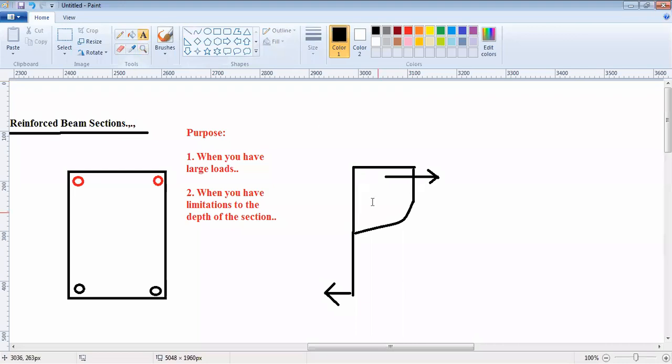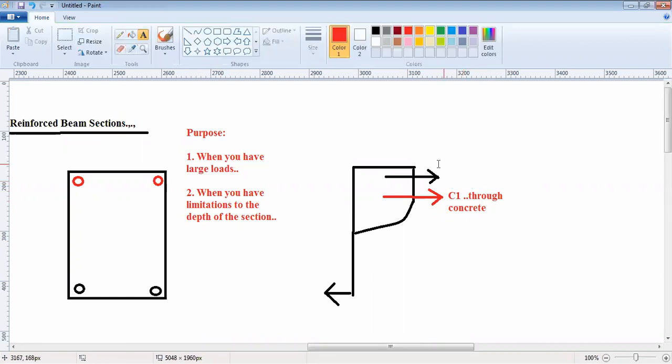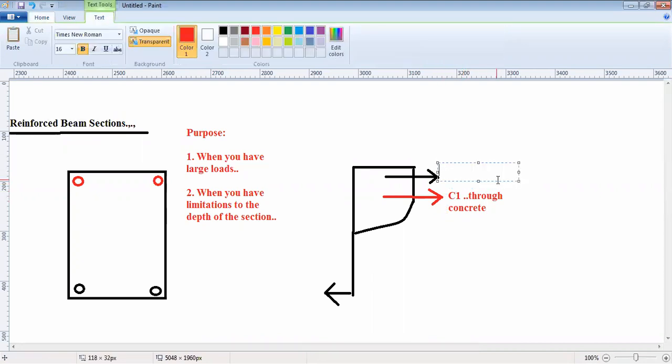So you are adding up, if concrete compression is C1, this is through concrete, the compression forces in concrete.